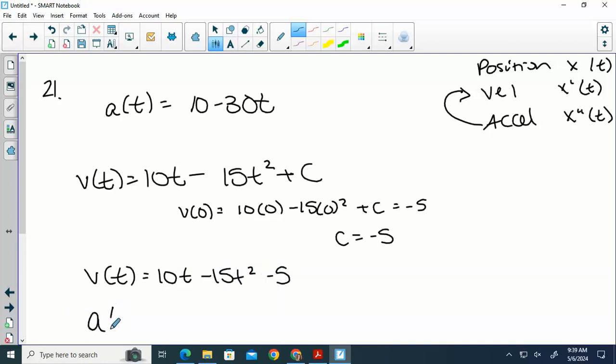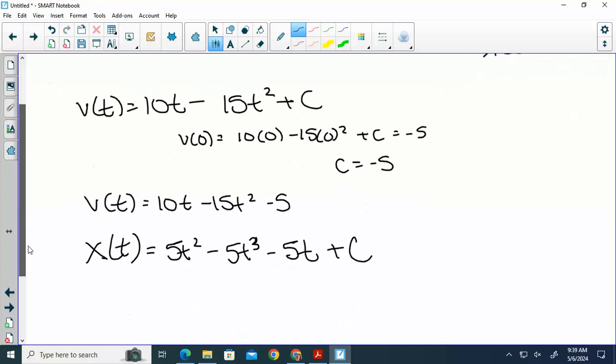So if I do the antiderivative again, I will get my position. Antiderivative of 10t, antiderivative of 15t squared, antiderivative of 5 is 5t, and then we need plus c. So now we need our constant, but I told you the position at 0 was also 5.